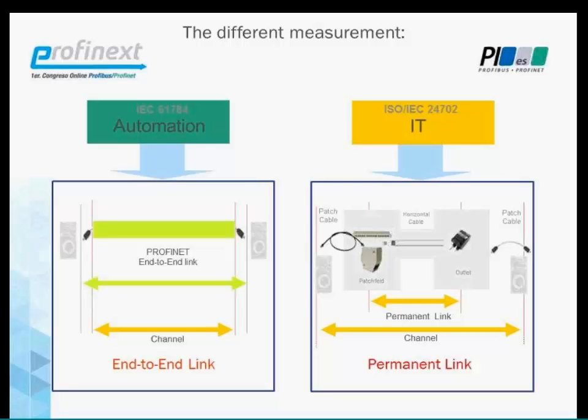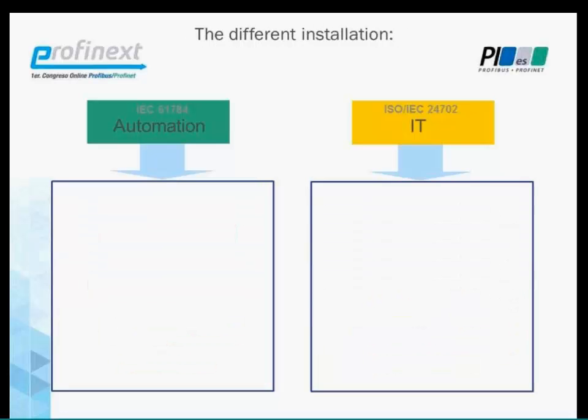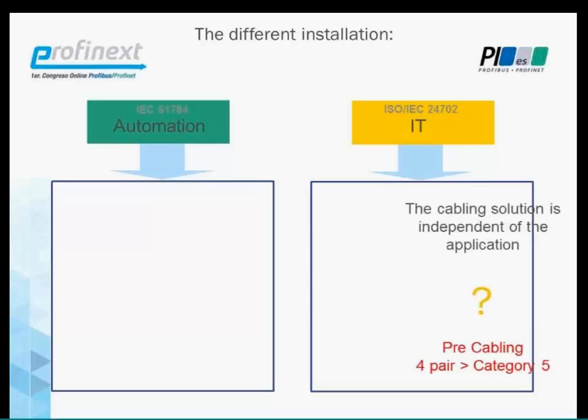And in IT, you typically have a measurement for a permanent link. This is a part of the channel which is installed directly in the building, and you cannot change it. So this is a part where you need the measurement to show that the cabling can be used for the Ethernet application. And you have different installation.